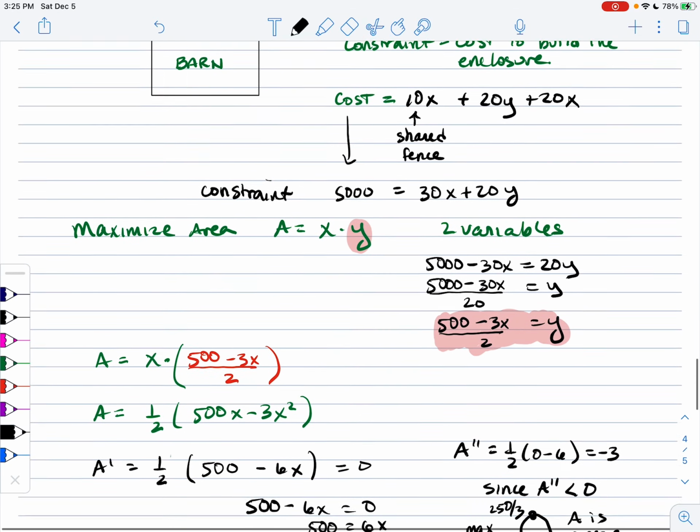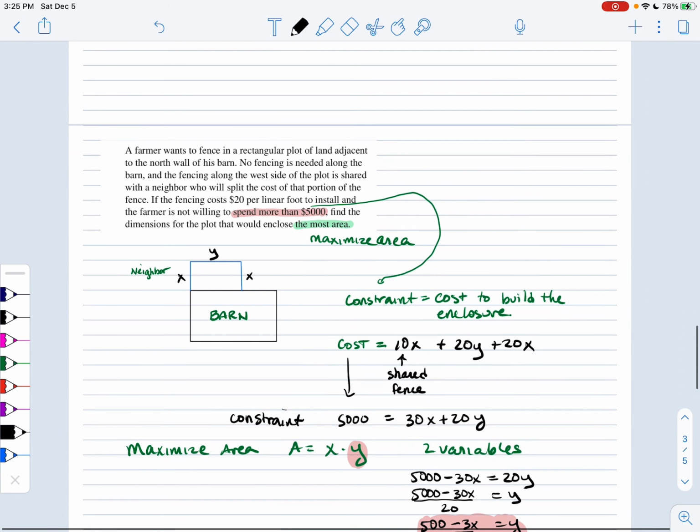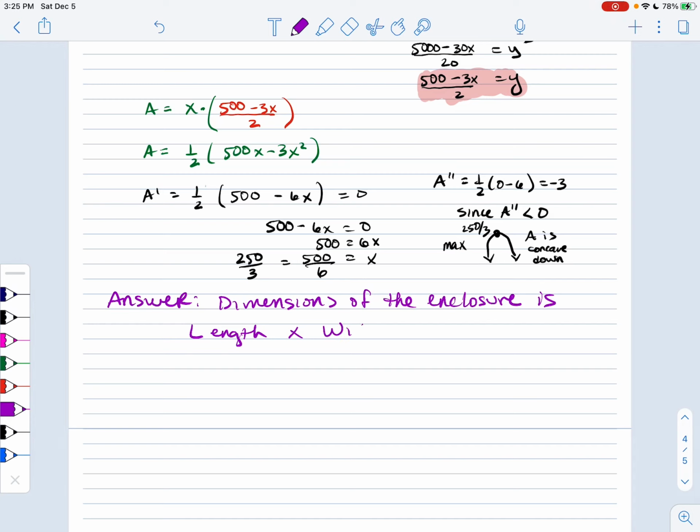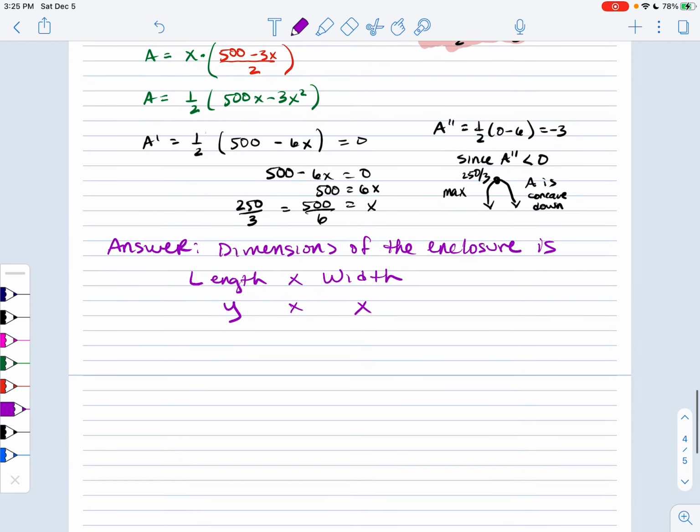So I go back to the question, and it says find the dimensions. So that's how we answer our question. We find the dimensions. So our answer here, the dimensions of the enclosure, is going to be a length by width, and here that would be y by x.